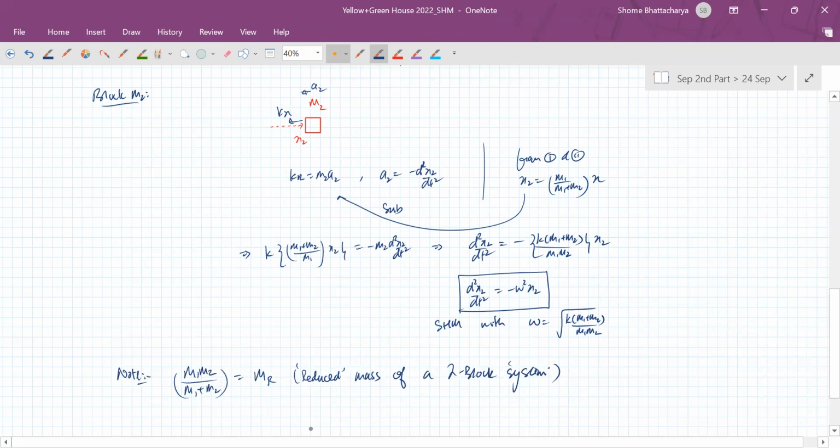So this is a general formula we develop, and SHM of such a system always has omega square equal to k divided by reduced mass.